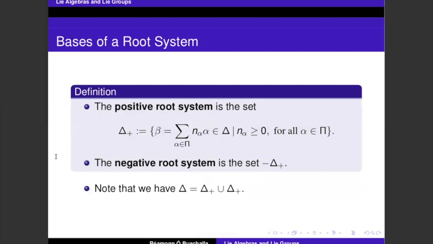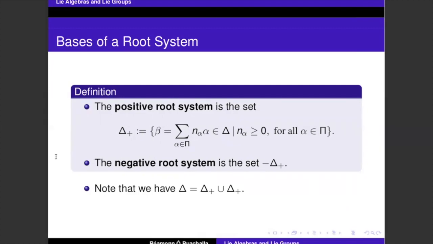Now from this, it follows basically immediately from the definition that the positive integer span of your base, the positive integer span of the simples, is what we call the positive root system, and we denote it by delta plus.